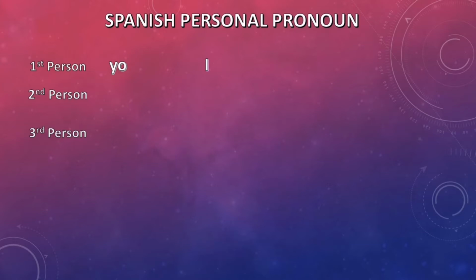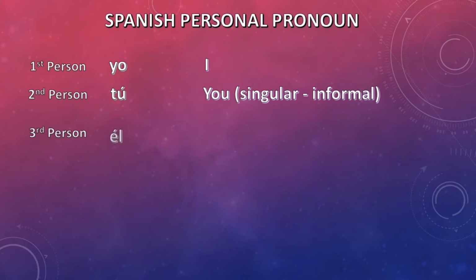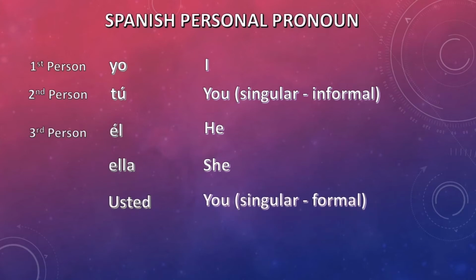For the second person singular, we have tú, you in English. And for the third person singular, we have él for he, ella for she, usted for you in a formal way.